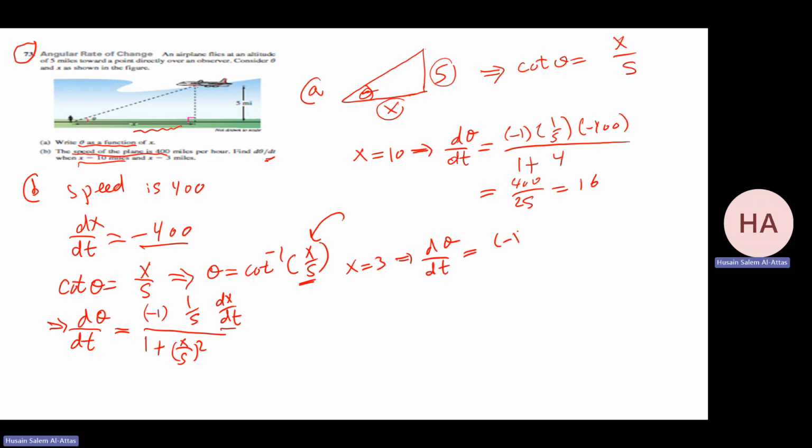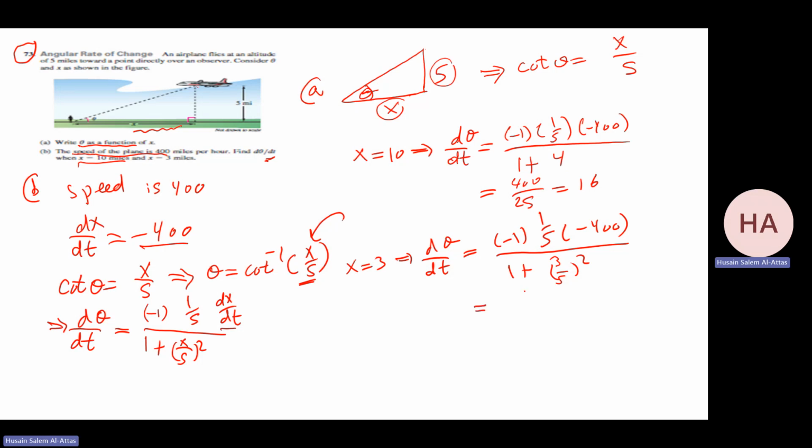Everything is the same. But this is 1 plus (3 over 5). I put x equal 3. That will be 3 over 5 whole squared, which is 9 over 25.